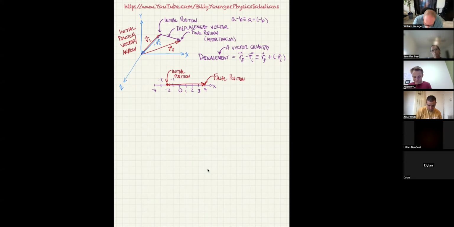So I'm going to say this is R sub I negative, whereas this is just R sub I. And this guy is R sub F. Again, this is the origin right here. So if we now add that to R sub F, you can see that the displacement vector is just a vector that draws from where you were to where you are.